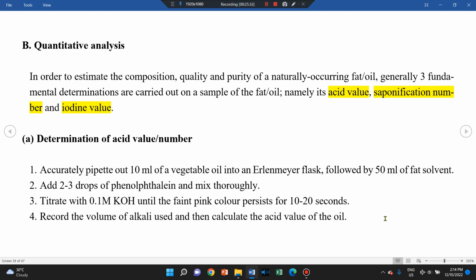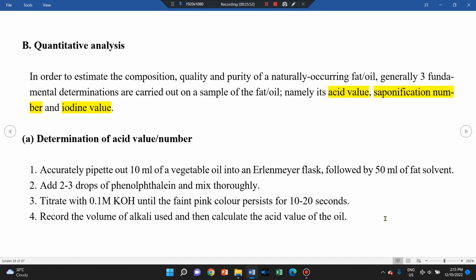Then you add the fat solvent, 50 ml. Put a few drops, just to act as a color indicator for the titration. Put 2 or 3 drops, as indicated, of phenolphthalein.